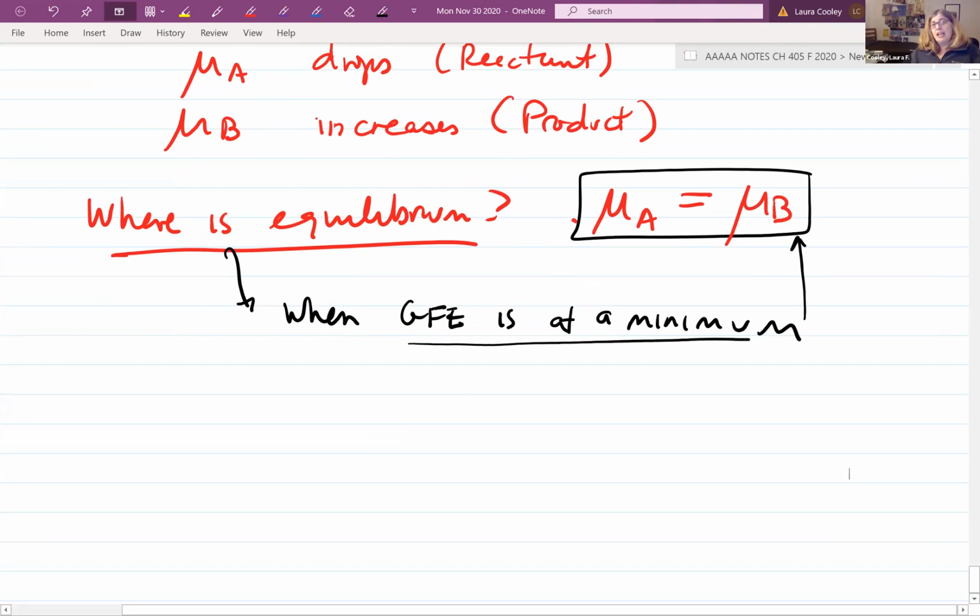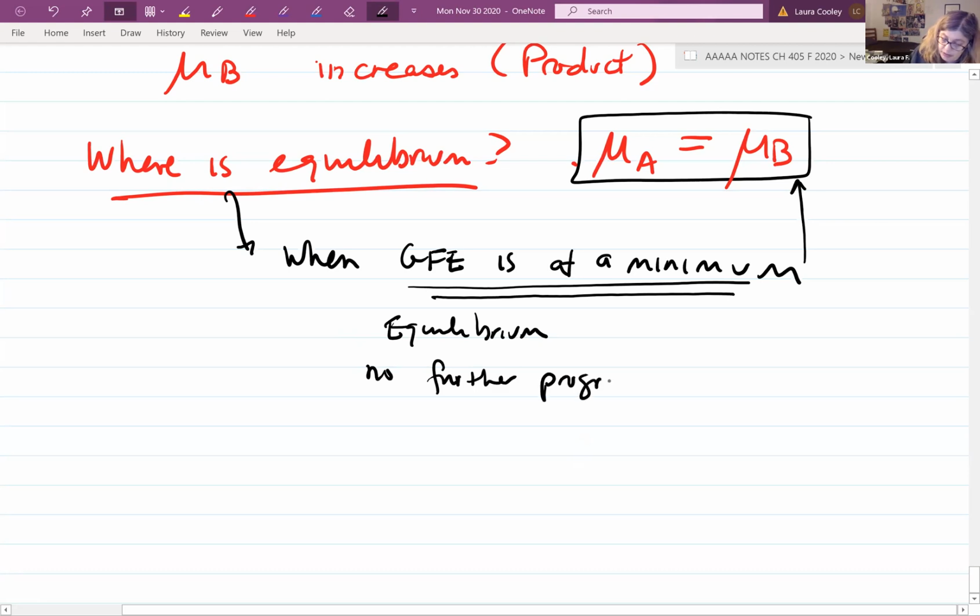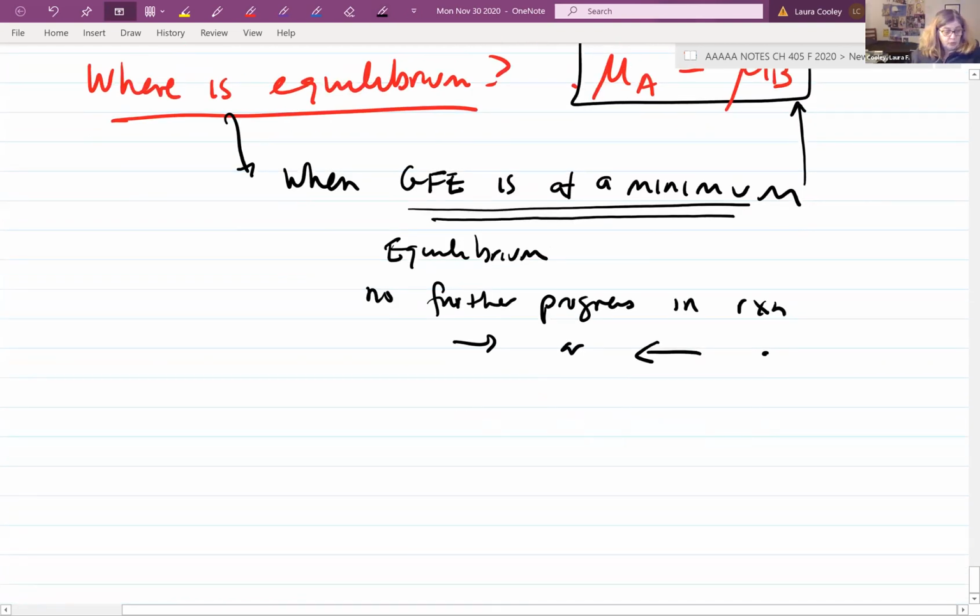For a reaction to go forward spontaneously, it's got to decrease the Gibbs free energy. When it gets to the minimum, it's no longer decreasing. Basically, no more reaction happens. Well, you still get reaction going forward and back, but you don't get any progress one way or the other. So when the Gibbs free energy is at a minimum, this is equilibrium, and there is no further progress in the reaction, either forward or backwards. I mean, both are happening, but at equal rates.